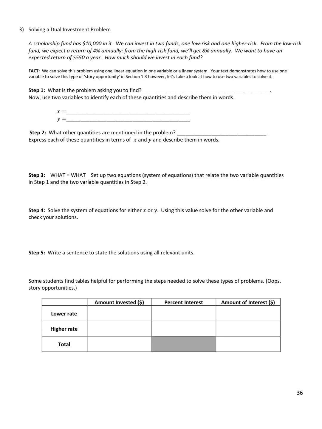So step 1, what is the problem asking you to find? How much in each fund? So how much in low risk and high risk? How much in low, how much in high? Okay, so we're going to use two variables to identify each of these quantities because they asked us two questions.